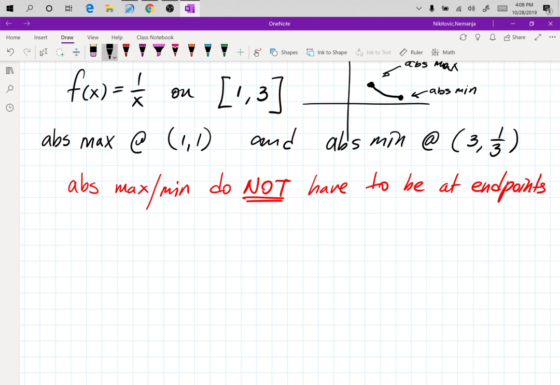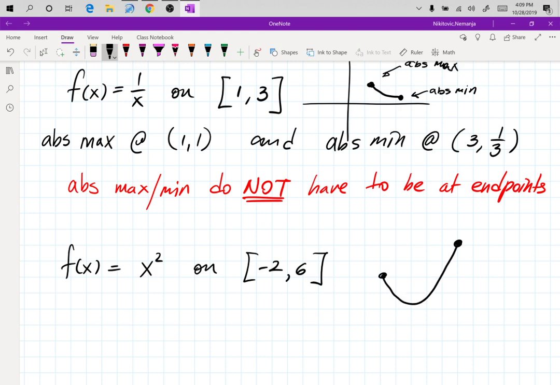If I take f of x as x squared and put that on the -2 to 6 domain, it would graph like this, right?